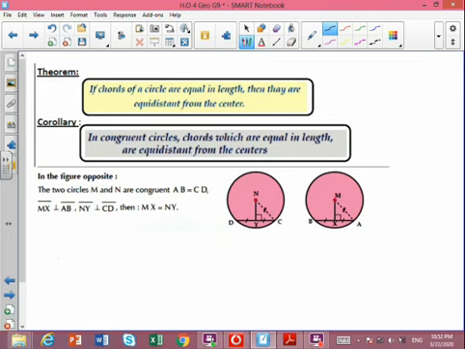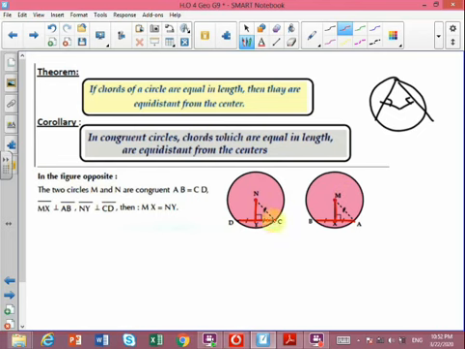Okay, what is the corollary? Not only in one circle, where the two chords are equal and equidistant from the center, and I mean the perpendicular distance. Also, if I have congruent circles and he told me that the two chords AB equal CD, they will be equidistant from the center. So in the opposite figure, the two circles M and N are congruent.